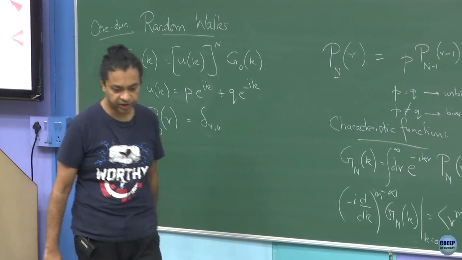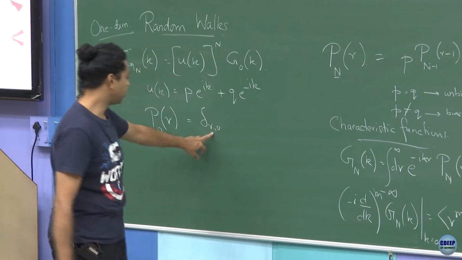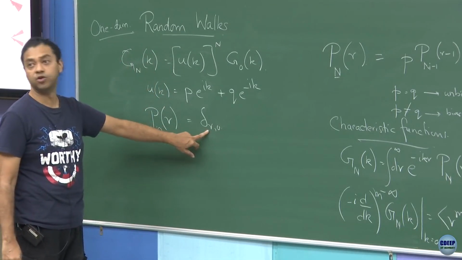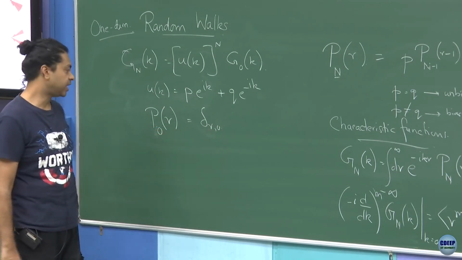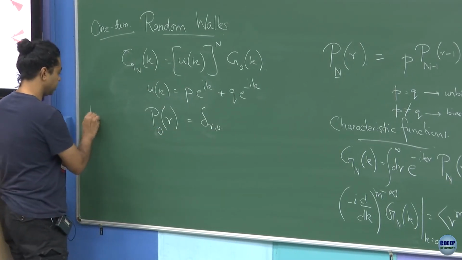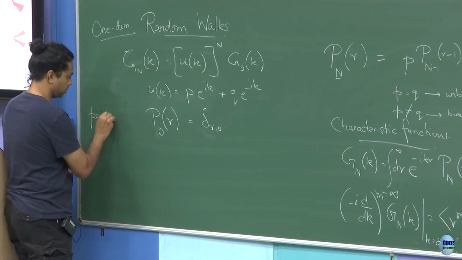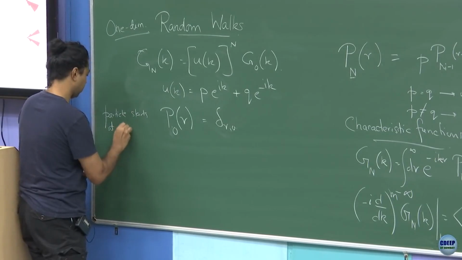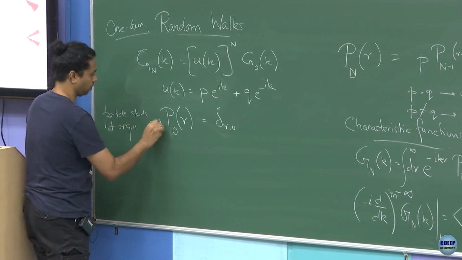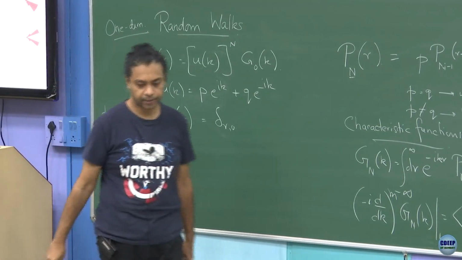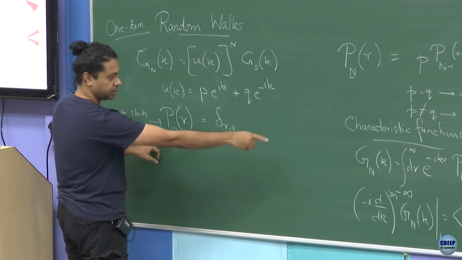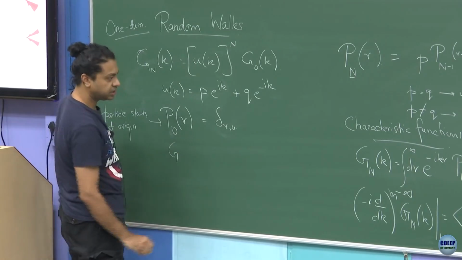Because this is discrete space, I use a Kronecker delta, delta r comma 0. So, it is 1 if r is at the origin, it is 0 otherwise, right. So, this tells me that the particle starts at origin.